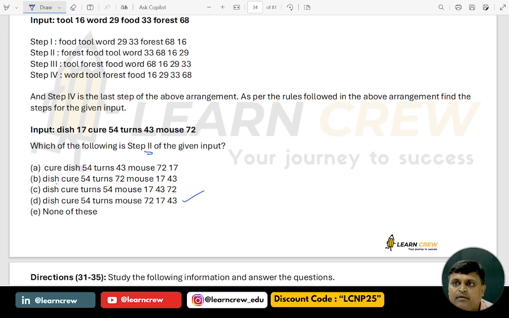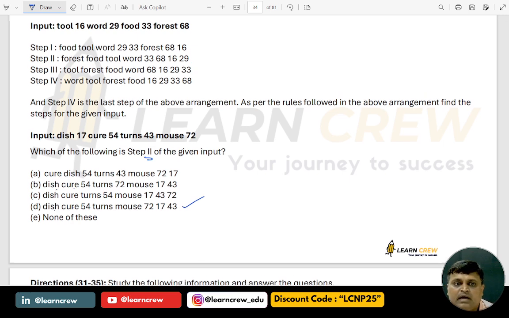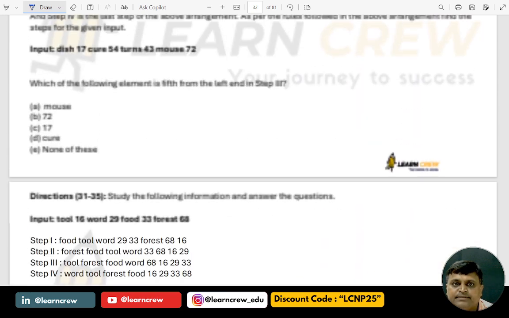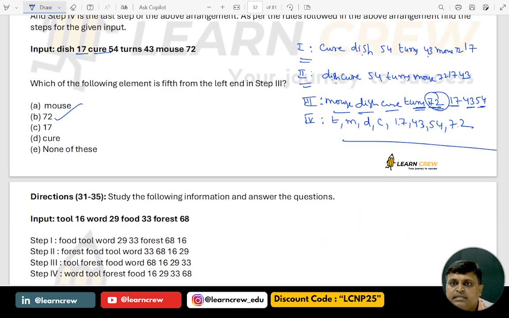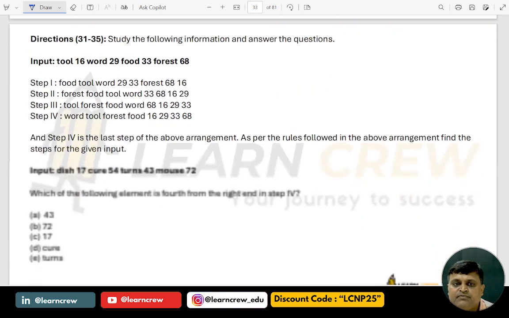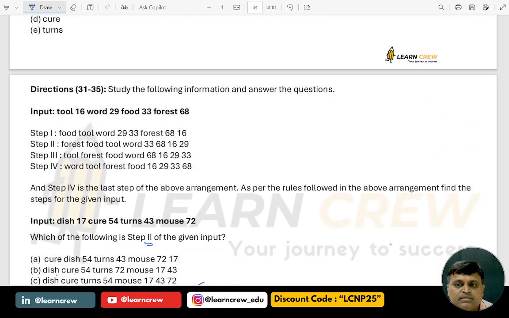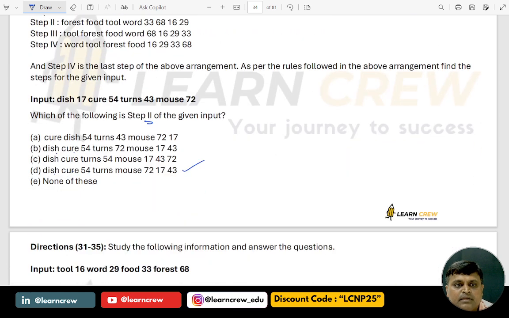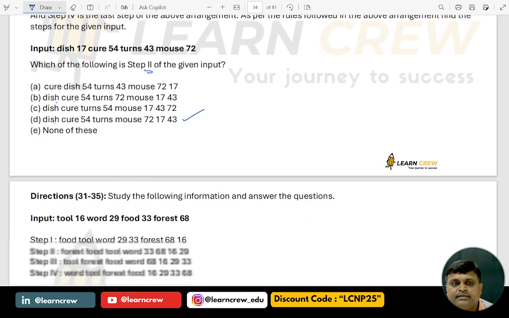Please check. I think option D only is correct. DC 54 TM. Check once. DC 54 TM. Right. 72 is correct.